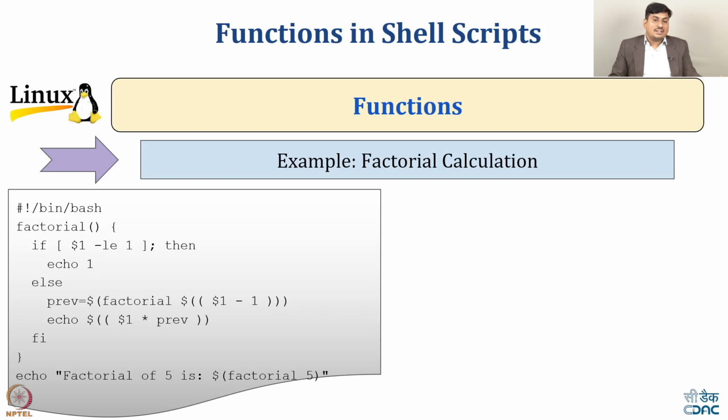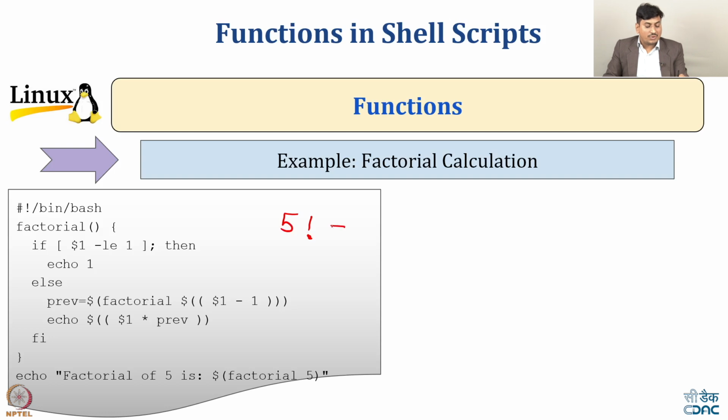And then there is another interesting program we can deal with by writing functions, a very famous program: calculating the factorial of a number. If I want to calculate the factorial of the number 5, how can one calculate it?